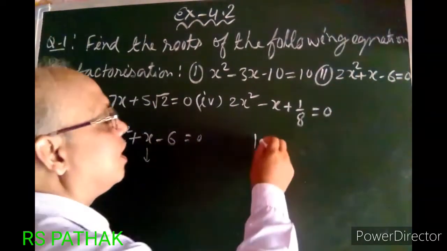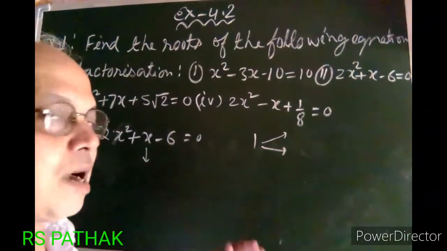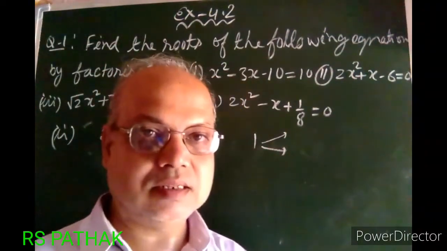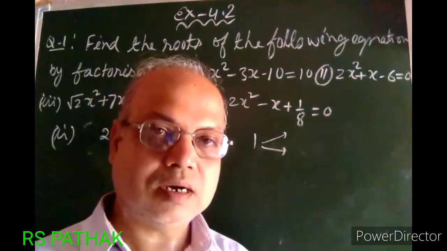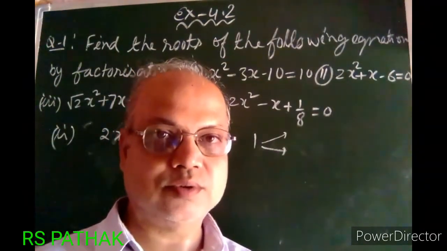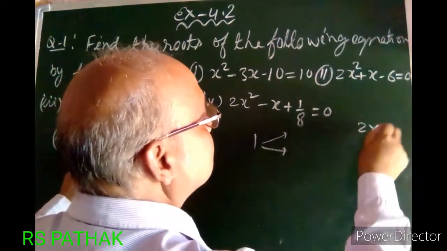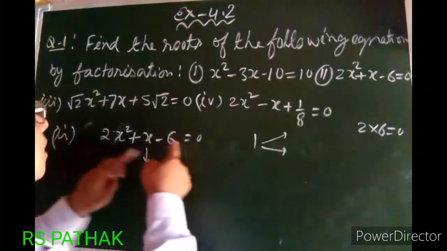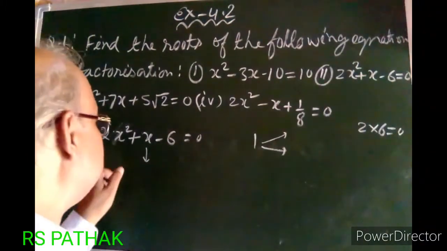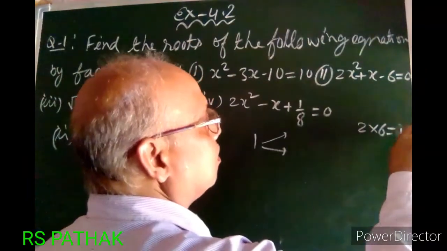We have to break 1 into two numbers in such a way that after adding or subtracting the result should come 1, and after the multiplication of both numbers the result should come 2 into 6, 12. First number and last number should be multiplied, that will be 12.